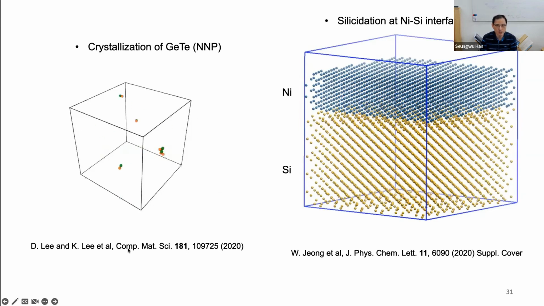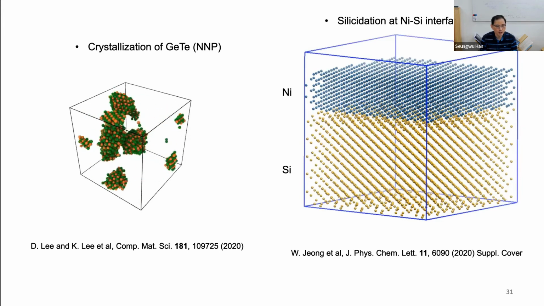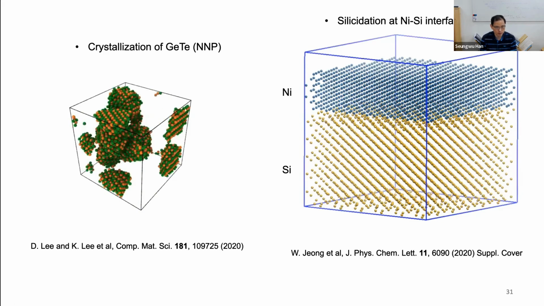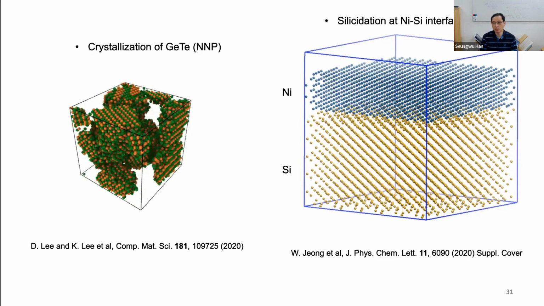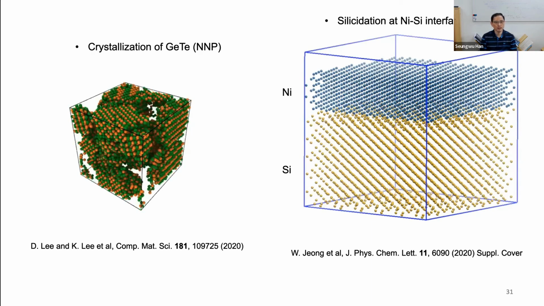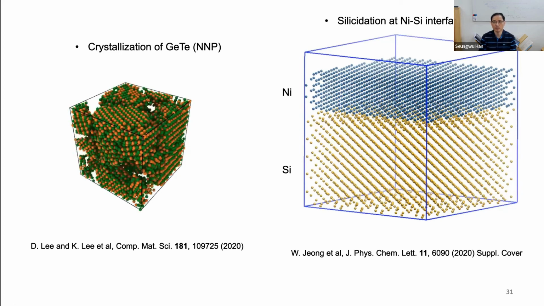And as the simulation evolves, we can find the crystal region grow here and there, multiple nuclei, and eventually they form a rock salt structure, as you can see. And eventually we have the polycrystal, right? Looks very realistic, right?